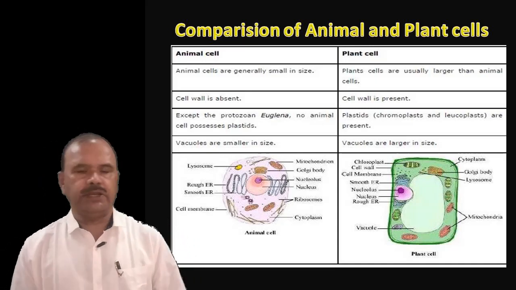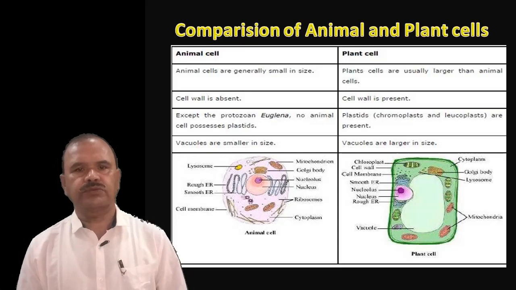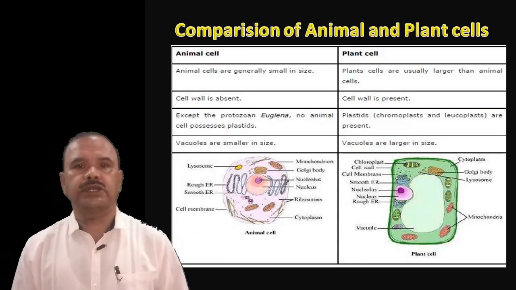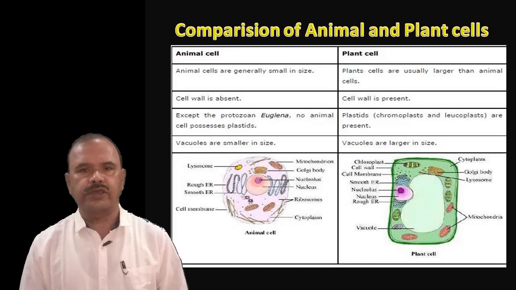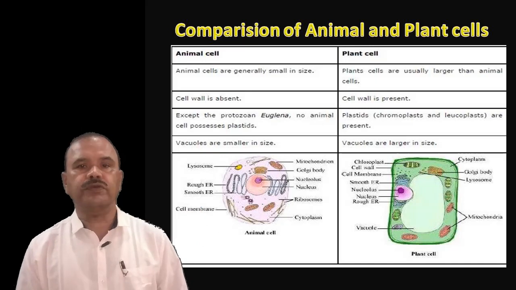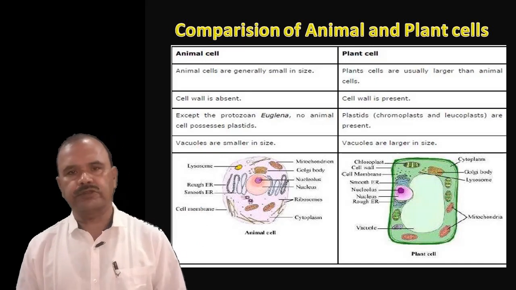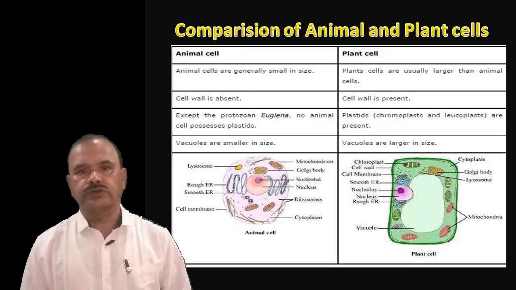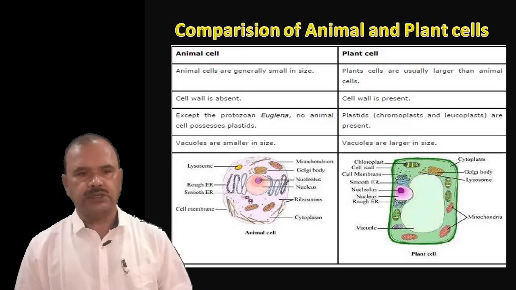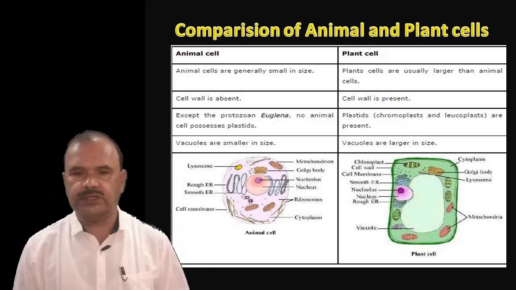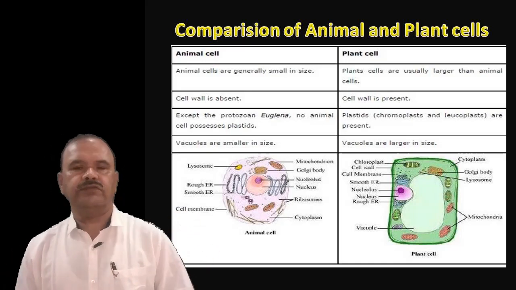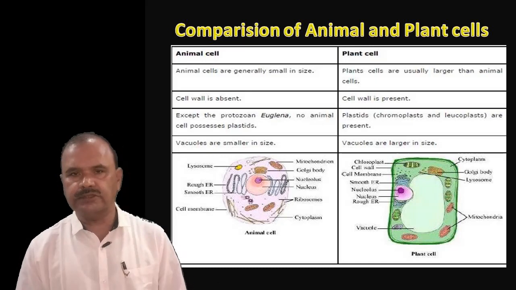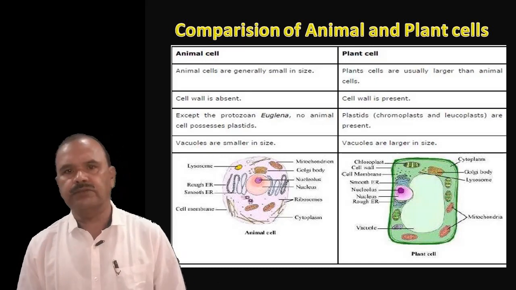During the explanation part I have told you, but finally we have to again tabulate these differences, because they are useful for you to know the differences between the plant cells and the animal cells. While you can see both the cells on the screen and observe them very closely, you find that some of the cell organelles are present in the plant cells while they are absent in the animal cell.